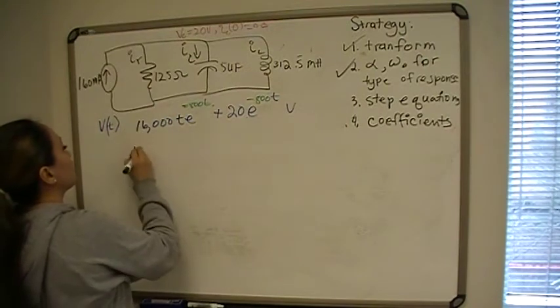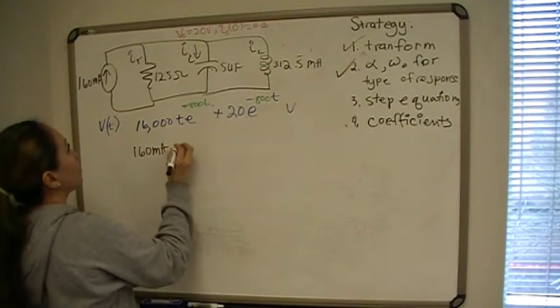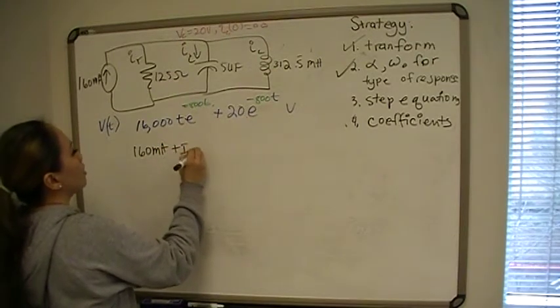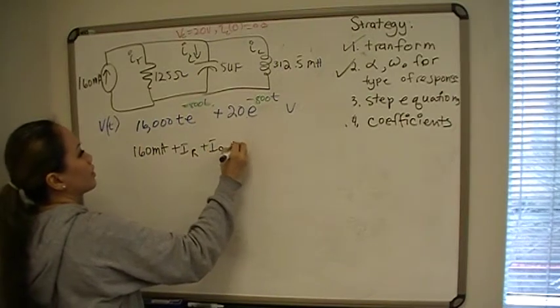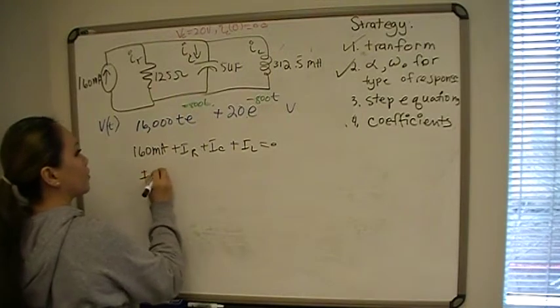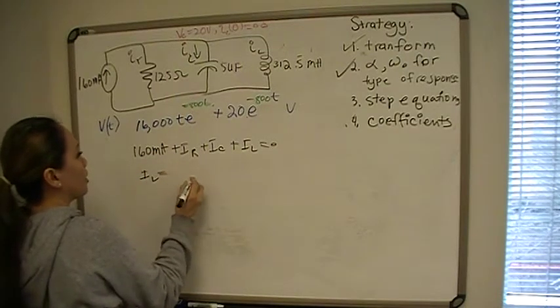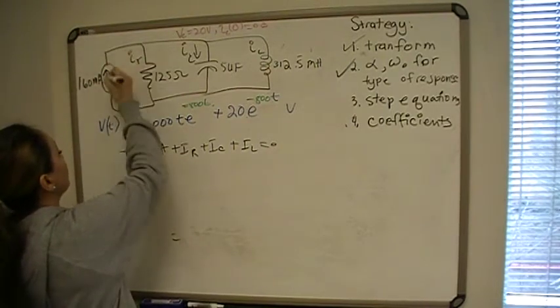I said, well, 160 milliamps plus IR plus IC plus IL will equal 0. Therefore, IL will be, actually it's going into the node, so it's negative.